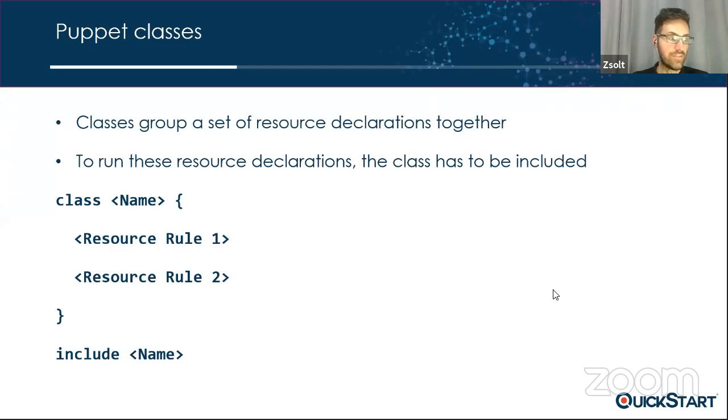Now, if you only have a class and you don't have, let's say, this include statement that's at the bottom, in that case, the problem is that whatever is inside a class is not going to be executed. So for this reason, you also have to include the class so that the resource rules are executed. It's very much like the include is very much like instantiating the class and running whatever is in its constructor.